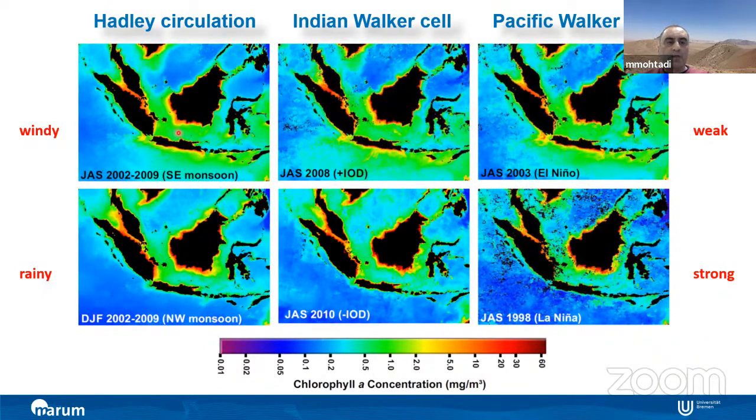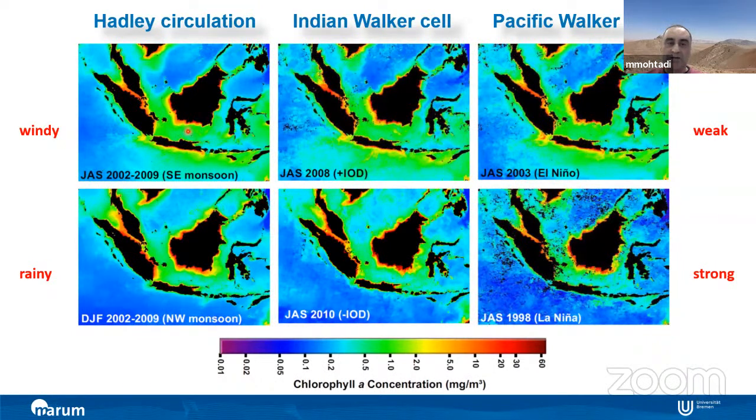And if you're working, say, on paleoproductivity reconstruction in this season, and you have a high paleoproductivity signal in your record, you can relate it to a stronger, say, southeast monsoon season, but you can also relate it to a positive IOD year or season, or an El Nino year.